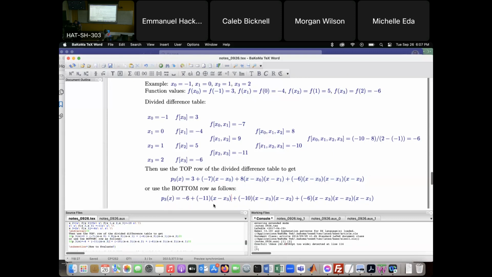It's important to see the pattern of what these factors are. Here I'm going through points in order from first to last. Here I'm going through points in order from last to first when I'm using the bottom row. The polynomials produced, if you were to multiply all these out and combine like terms, would be the same. They're just represented differently.